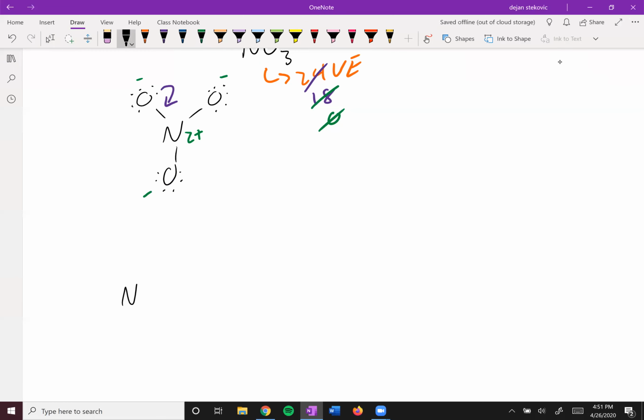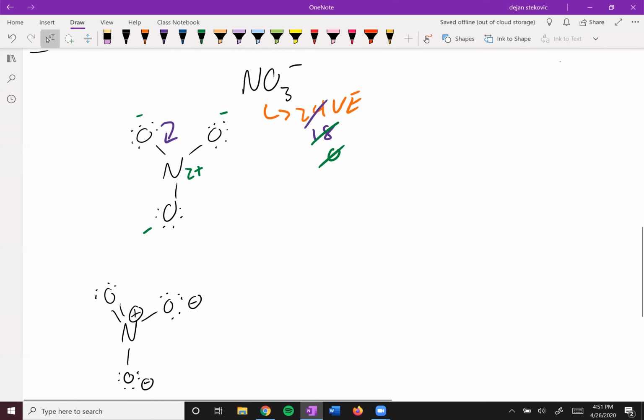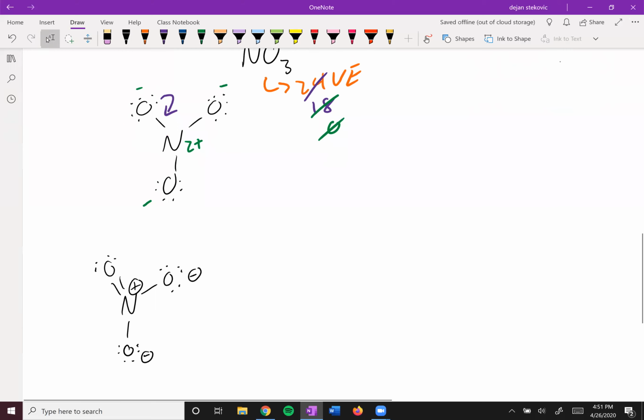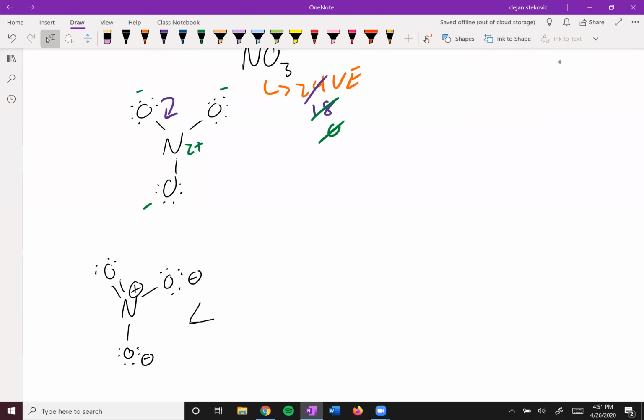So let's take a look at that. Nitrogen has the positive charge, and you can see the sum of the formal charges is still equal to the overall charge, and then we can draw 3 different resonance structures here.